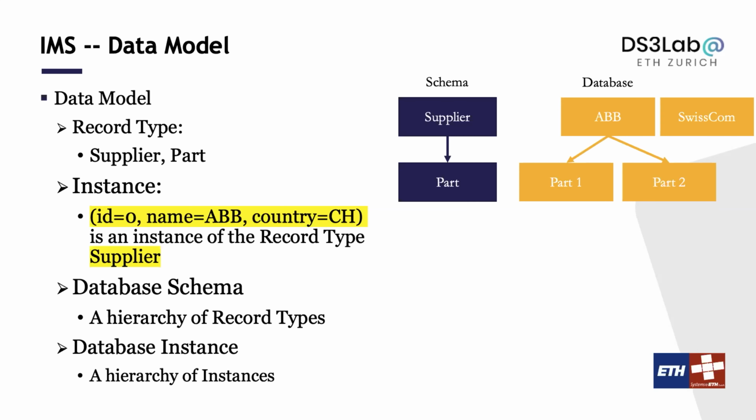You could have another supplier, Swisscom, and you can have those hierarchical structures between parts. You can have part 1 have two subparts. So this is your database. It's an instance of a whole bunch of record types, and then you have a hierarchy over all those instances. This is your data. So in IMS, this is how it models your data.